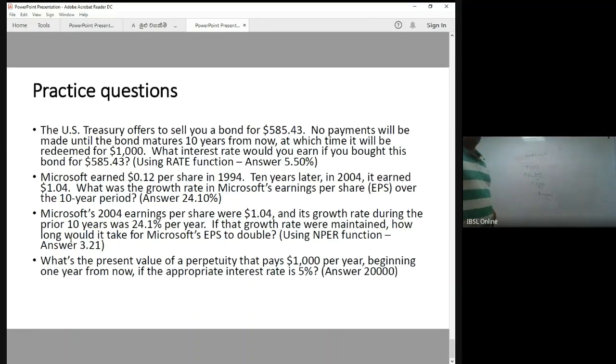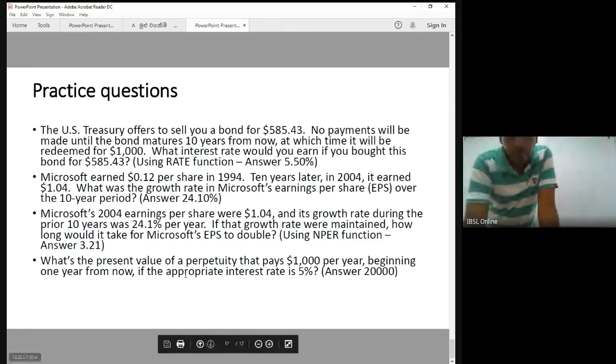Okay. Now, what does this $20,000 mean? It means getting $1,000 a year, right, into eternity is equivalent to getting $20,000 today. Right? So, if you keep getting $1,000 every year into an infinite period of time, it's as good as getting $20,000 today. Okay.